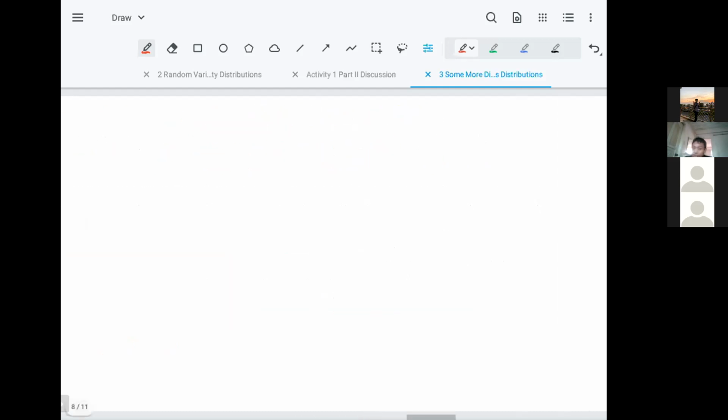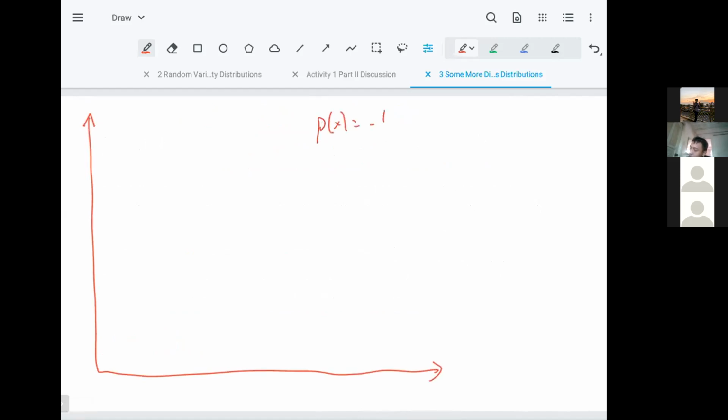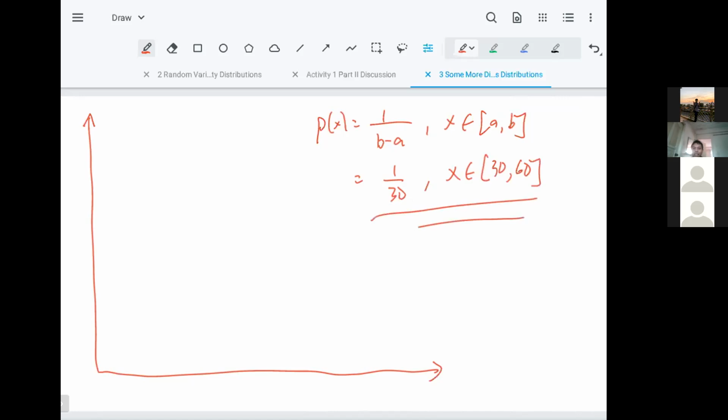So, let's illustrate. So, first off, we have noted that since it's a function given by 1 over B minus A, where X comes from A to B, and alam natin si A and B, ano ba si A? 30, si B 60, di ba? So, it's just 1 over 30, where X runs from 30 to 60. Anong graph niyan? Given na mag-elicit talaga ako sa mga prior experience nyo.